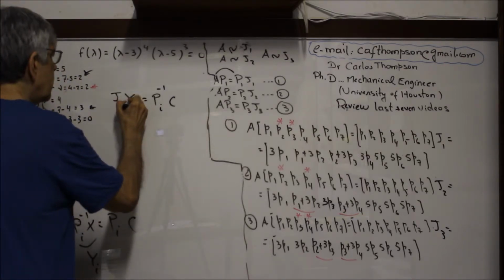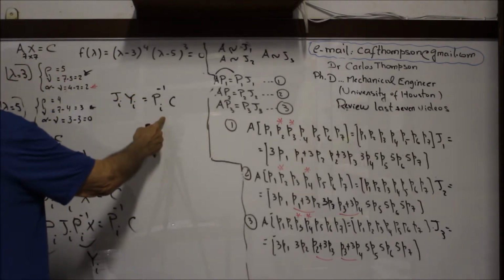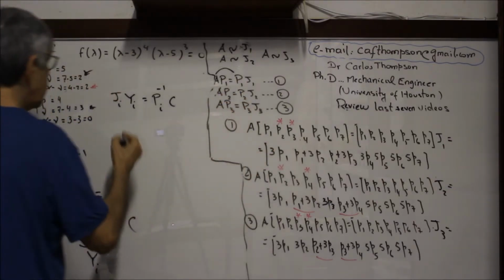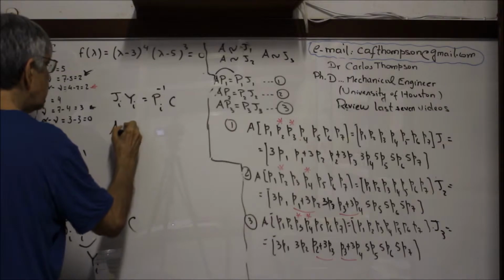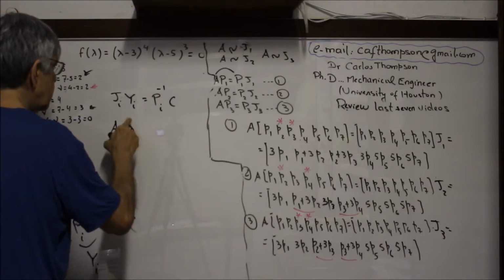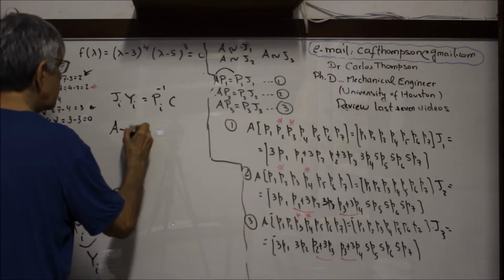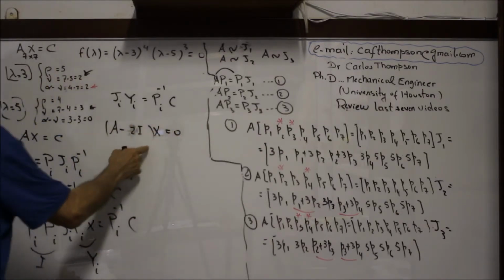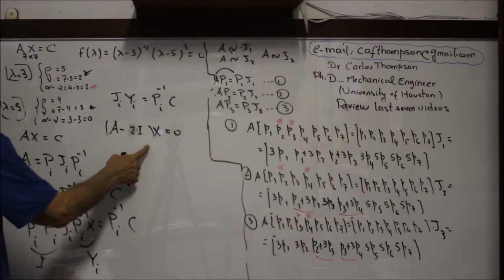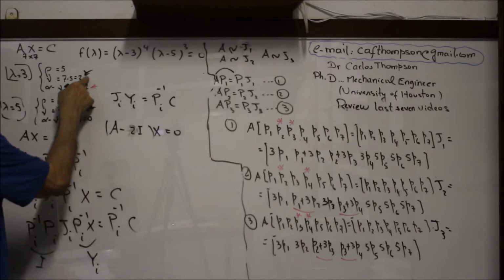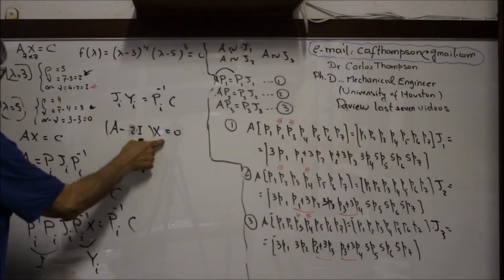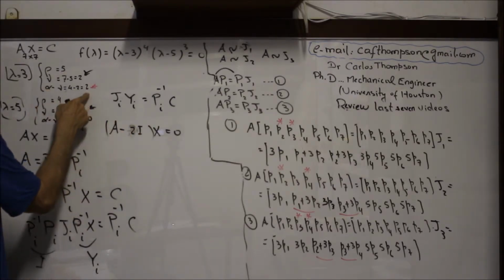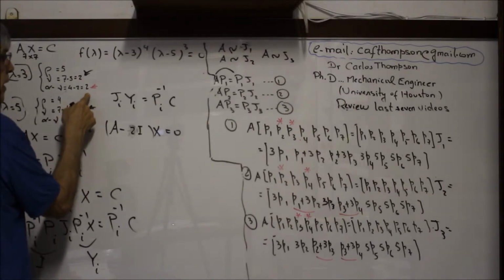Now do I get Pi, or P1 or P2 or P3? Just solving lambda 2I x is equal 0. We know here that we will have two solutions. And then we will find two generalized eigenvectors.